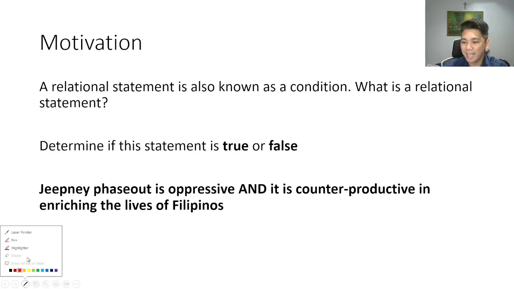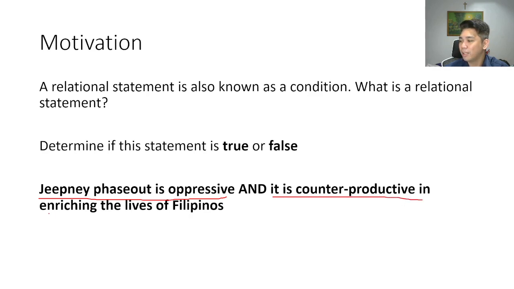So if we analyze this, there are actually two statements in one sentence. We have this one: jeepney phase out is oppressive, and it is counterproductive in enriching the lives of Filipinos. These two statements are combined together using the word and. And if we look into the truth value of the statements, the first statement is actually true.